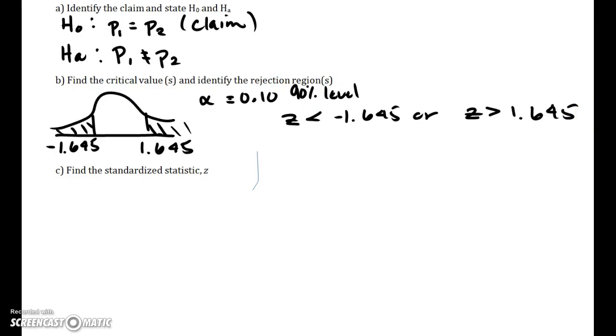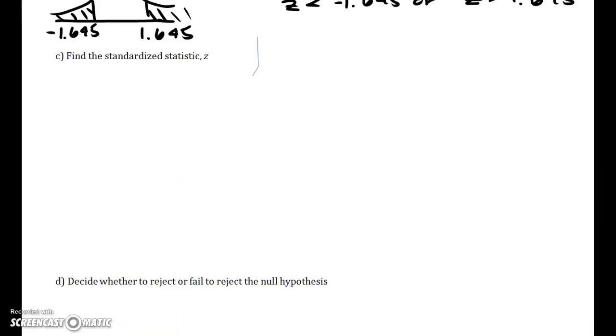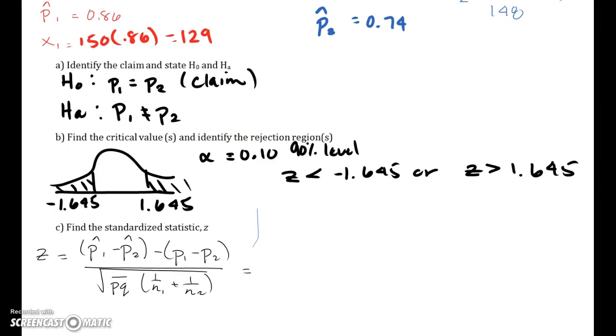Okay, the next thing I need to do is to find my z value. Let's remind ourselves of what our formula is. We have z equals p hat 1 minus p hat 2. We were given those in the beginning.